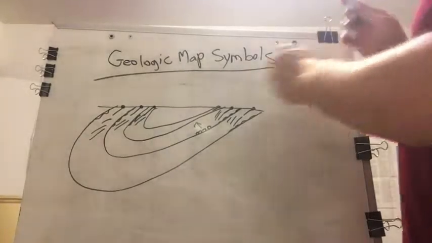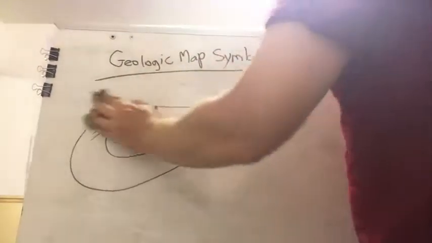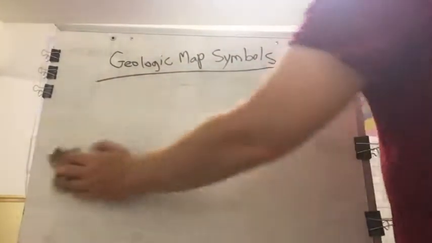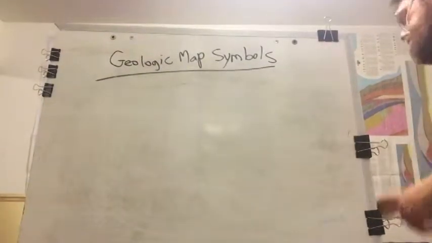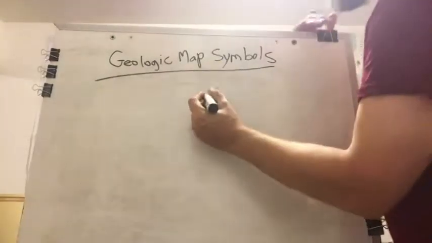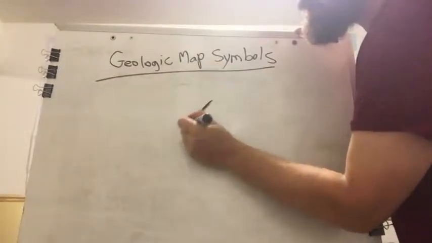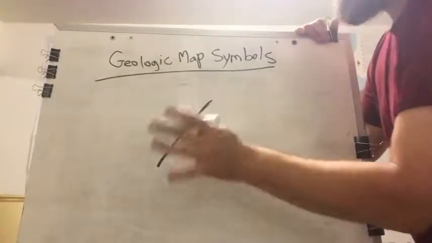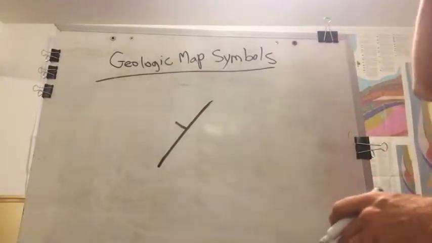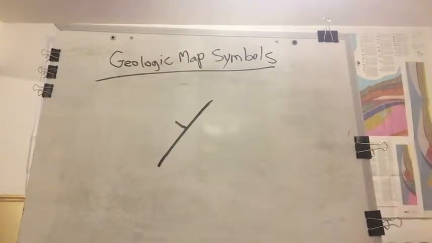So how do I do an overturned bed on a geologic map? Well, it's going to be the strike and dip symbol. You'll actually measure it as if it was not overturned. Okay?